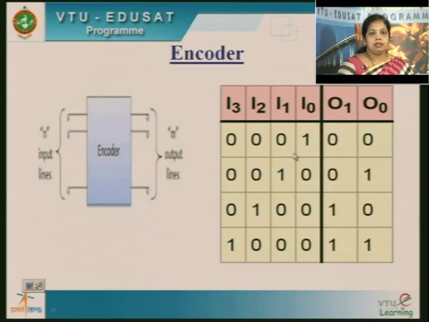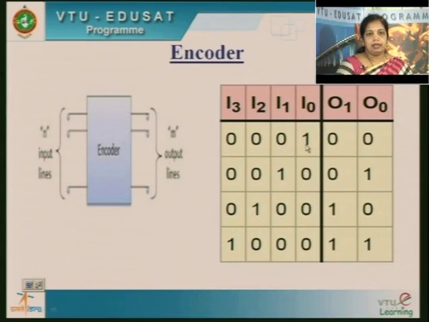So you can just see here, when one of the input lines is high, a particular code is generated. If my least significant bit input I0 is high and the rest are all low, I will be generating the particular code 0, 0.